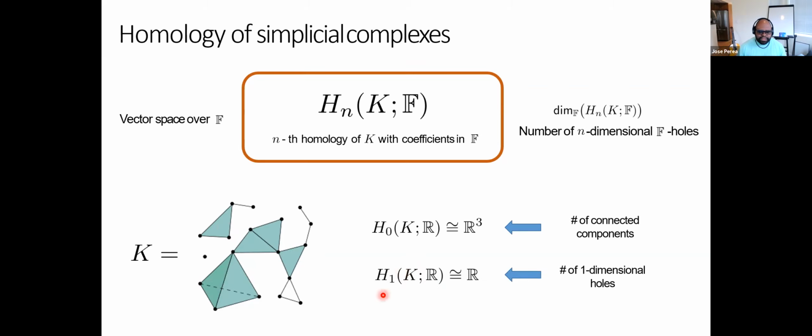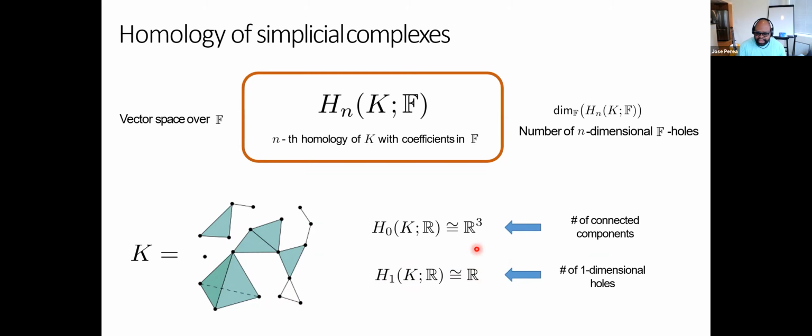When you compute the first homology of the space, you're computing the number of one-dimensional holes. If you go to the complex and you see this lower right triangle here, you will notice that it's not filled in. And that is the only circular hole that you're seeing in the space. That's why H_1 of K is just R, just one hole, a vector space of dimension 1.